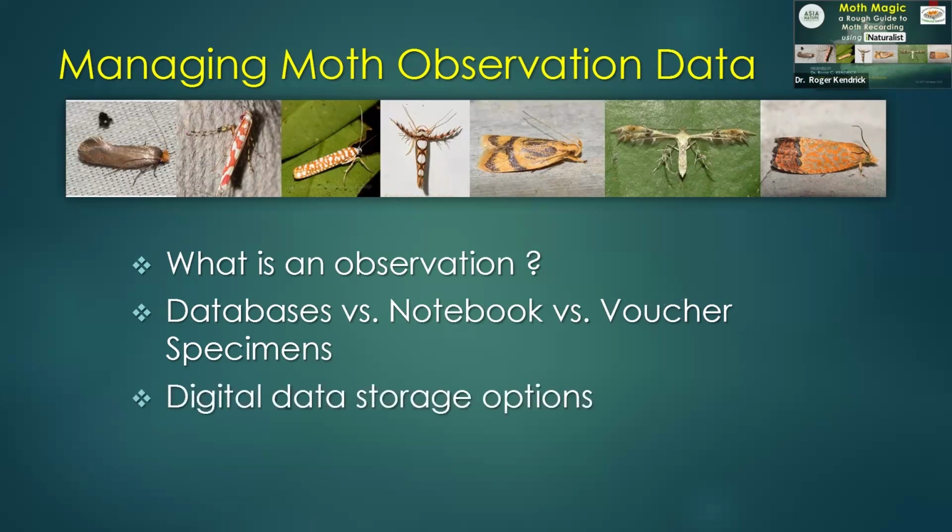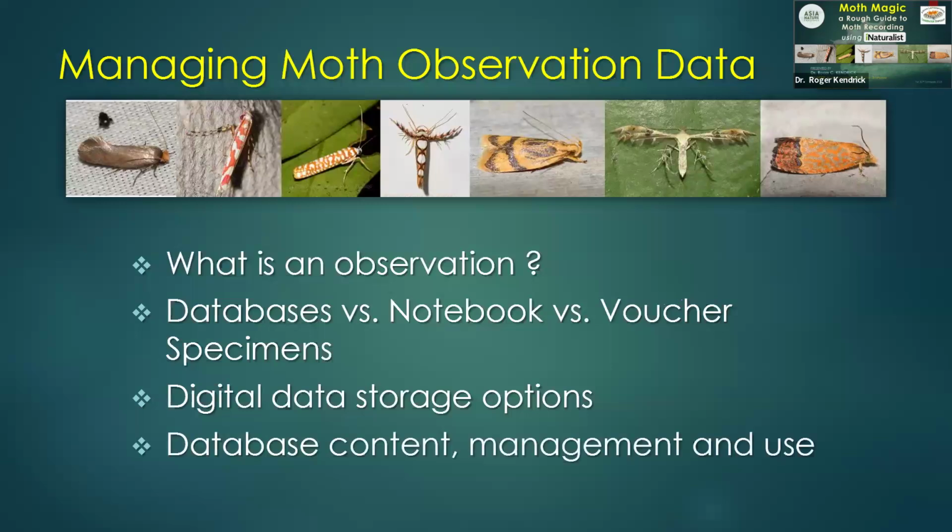Digital these days is a much easier option for natural history, but it brings into play understanding database content, management, and how to use databases. Now, iNaturalist takes a lot of that problem away, but there's still a lot of information that an observation can provide if you make the effort.